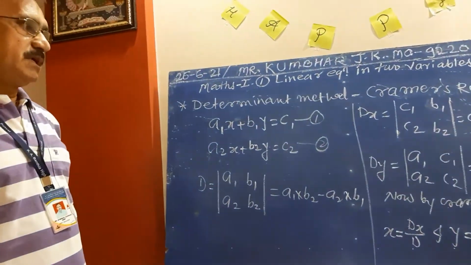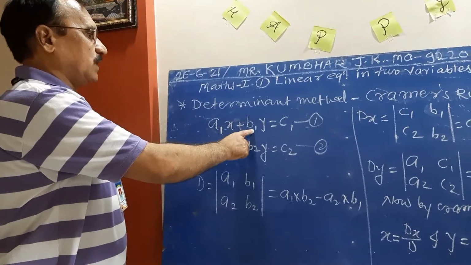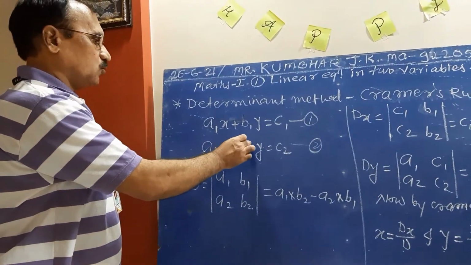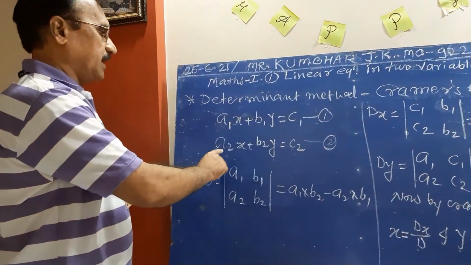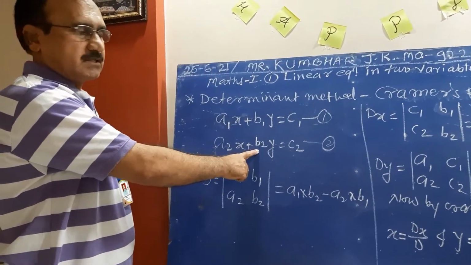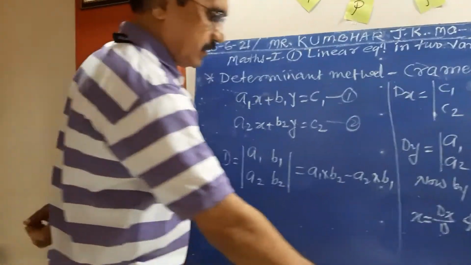How can we remember this? See here, a1, b1 and a2, b2. There is one idea. a1, b1 and a2, b2 are the main players and c1, c2 are the reserve players.